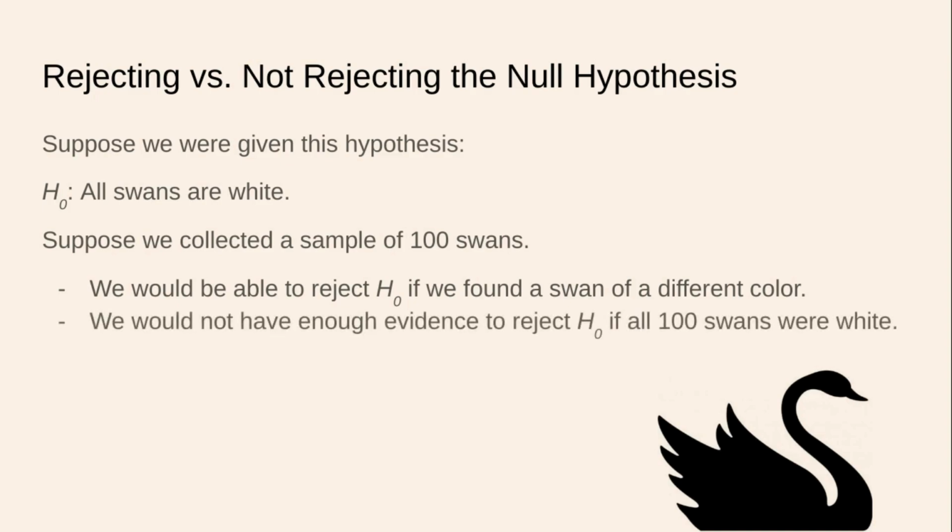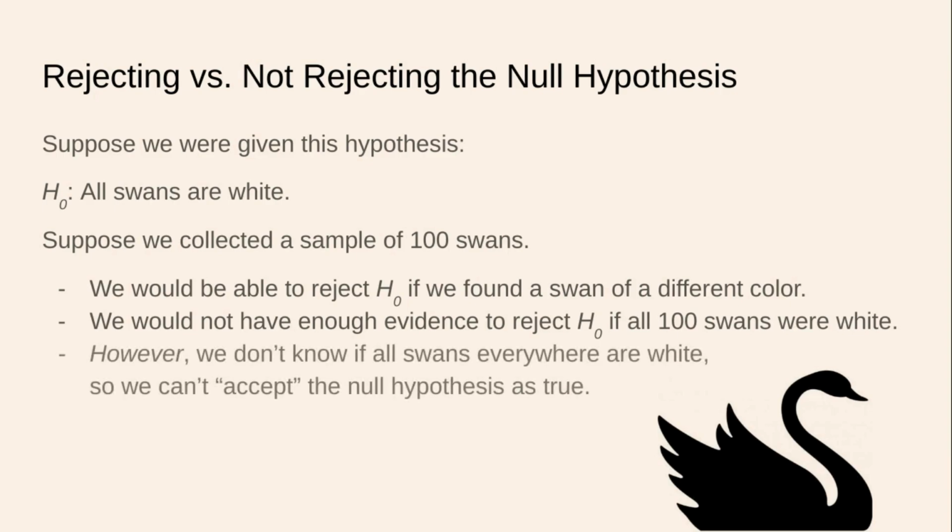However, we would not have enough evidence to reject the null hypothesis if all 100 swans were white. There would be no evidence to contradict the null hypothesis if in fact all 100 swans are white. However, we don't know if all swans everywhere are white, so we cannot accept the null hypothesis as true. How do we know that the null hypothesis is true?